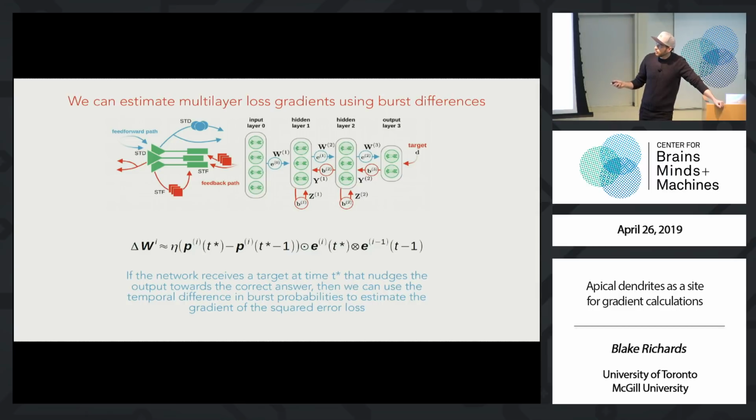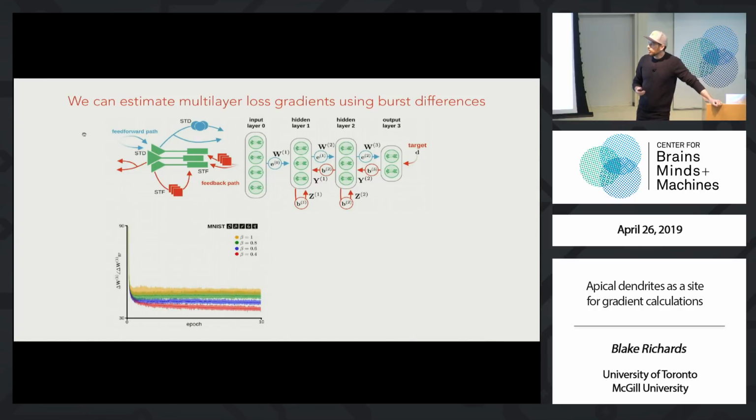And then we have a Hebbian term that is just the product of the event rates across the two layers. So there's our synaptic weight update. It's based loosely, but nonetheless, on biophysical principles.